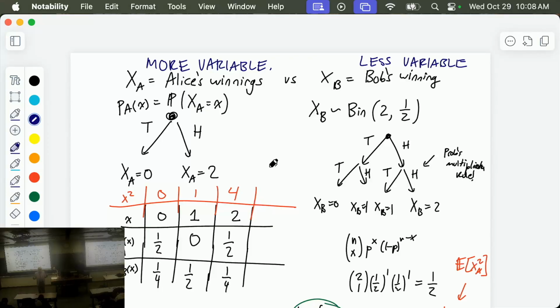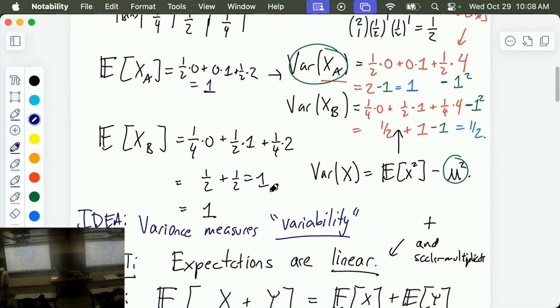You're looking at how individual values are weighted towards their distance from the mean. And it's actually squared distance from the mean, which is the way it is.